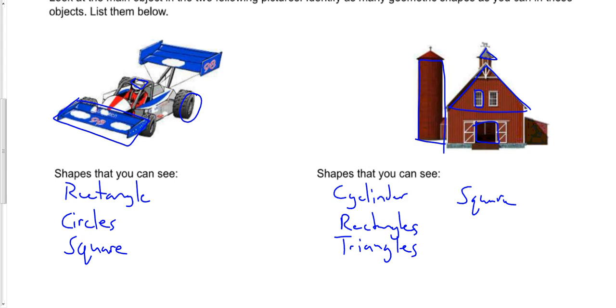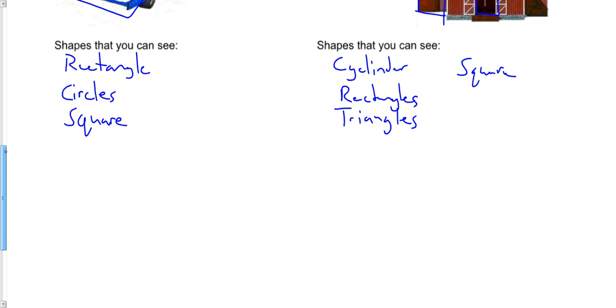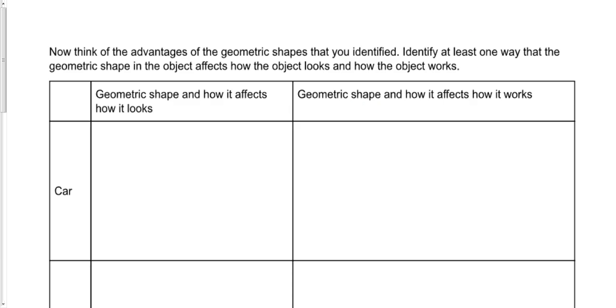If we consider what we've noticed, we want to think about what advantage there is. Why did the designer choose those particular geometric shapes? If we think of the geometric shapes, we want to identify what advantages they have, either in how they look or how they cause an object to actually work. In a car, geometric shapes affect how it looks.